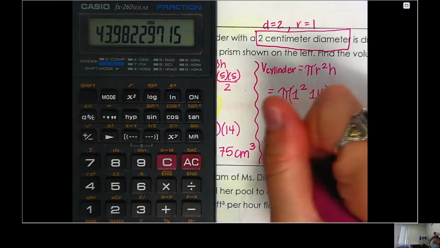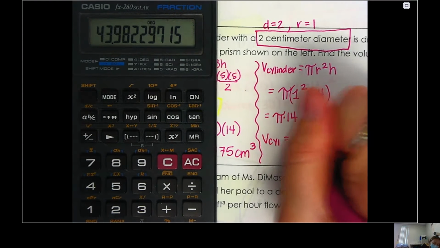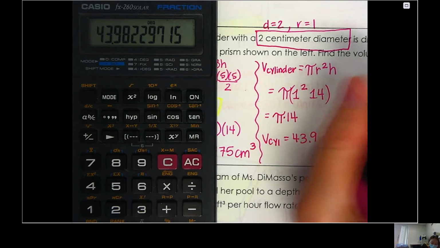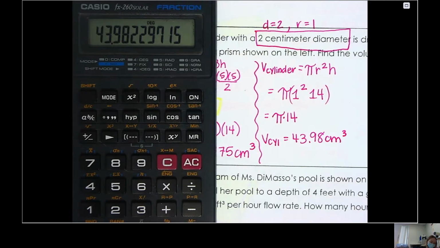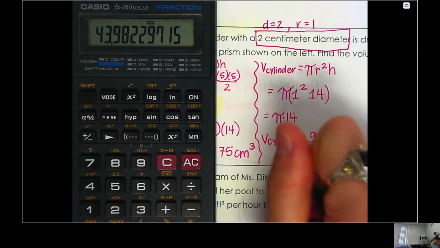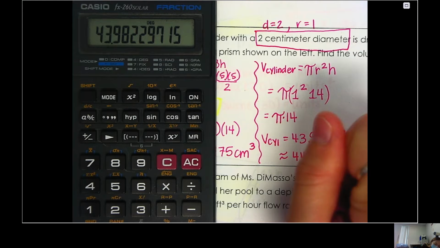Okay, so the volume of the cylinder is 43.98 centimeters cubed. We could have rounded it to, well, we can round it to 44 if you want. I don't care what we round it to. 43.98 is essentially 44. Let's do 44 because, hey, that's a whole number.